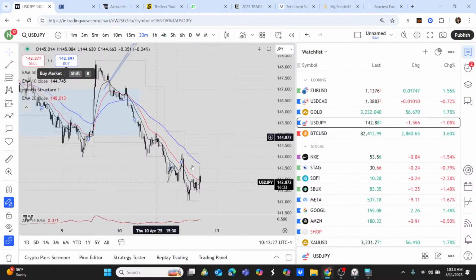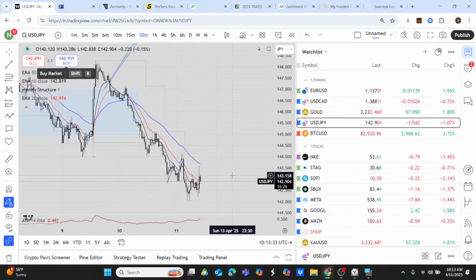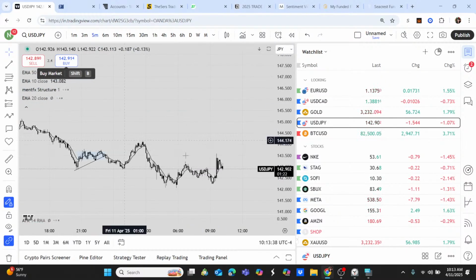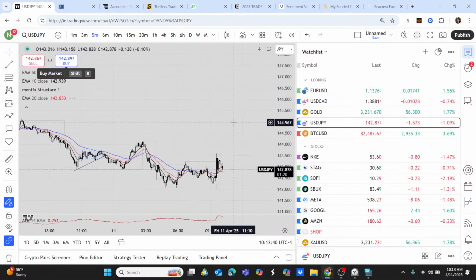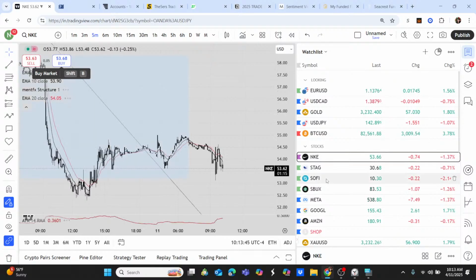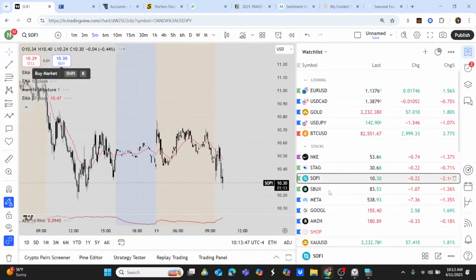Yeah, one, two, three, possible within three, but not moving clear in this area. So just stuff like that. Let's scan through.